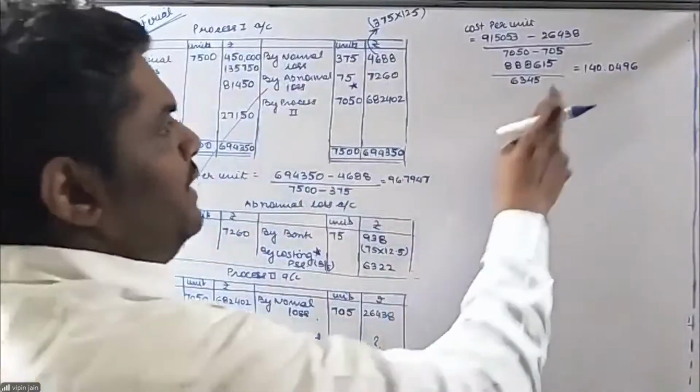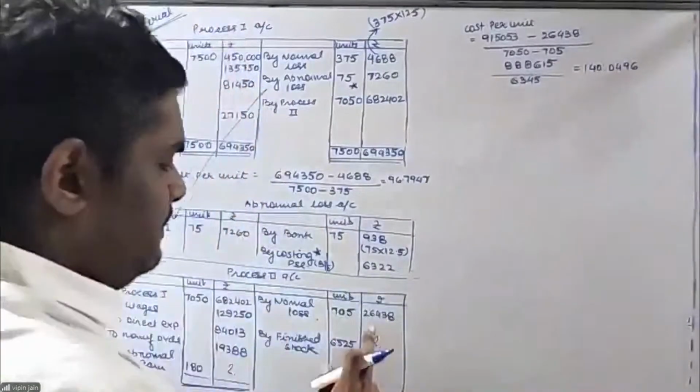So we have got the cost per unit, that is 1400496.